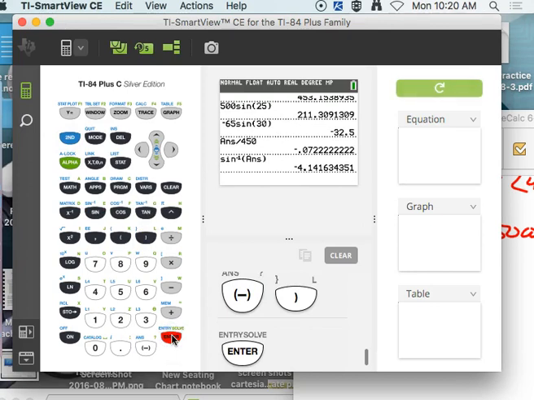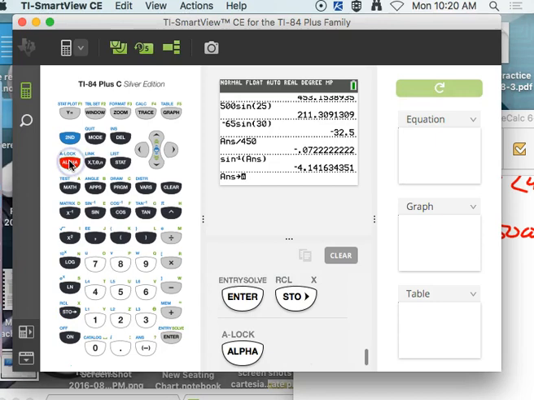Now, I think ahead about whether or not I'm going to need that again. And chances are pretty good when I have to find the airplane's ground speed that I might need that again. Do you remember how to store things? Been too long? Store is just to the left of the 1. And then you have to pick a letter that you want to put it in for. But you have to say alpha and whatever letter it is.